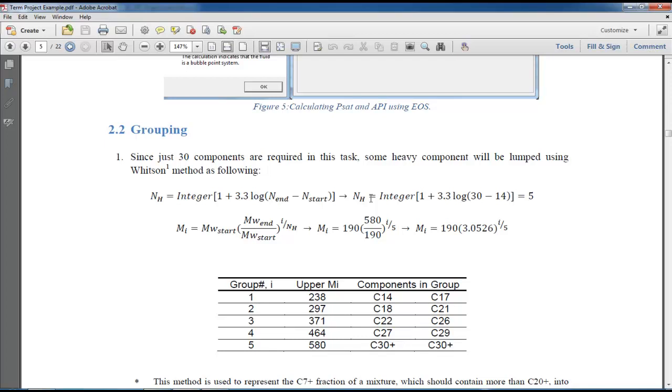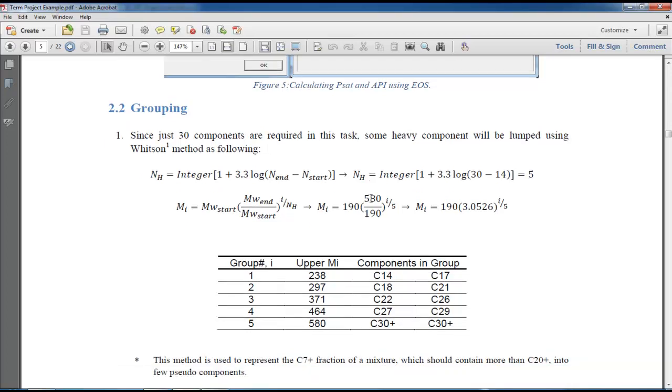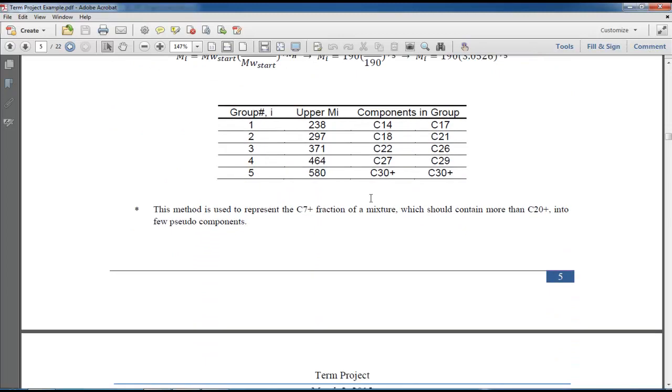Before, we had only one pseudo component, and now we have more than one pseudo component. To do the grouping, we have to have 6 different groups, so we have to do the calculation again to find out. This will help you only for heavy components, how you deal with heavy components.